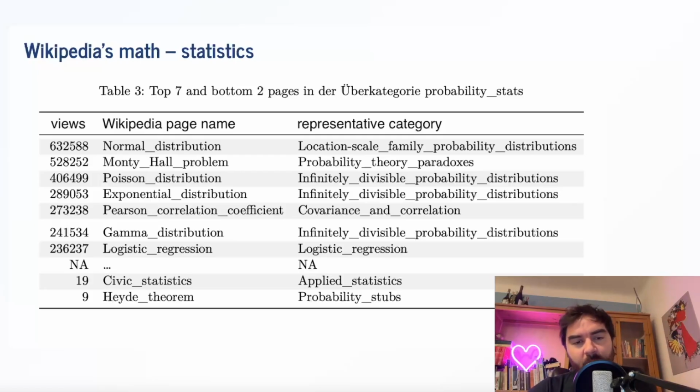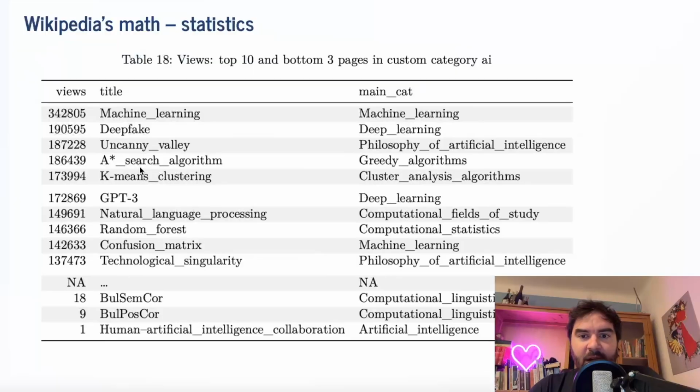I will not show you all of them, but here I just went for statistics and AI because this is maybe relevant for the viewership of this video. You have normal distribution, Monty Hall, all the favorites, which are also most viewed. Here in the custom category that I called AI, the Wikipedia pages for machine learning, deepfake, uncanny valley. Roughly what you think would be viewed most often.